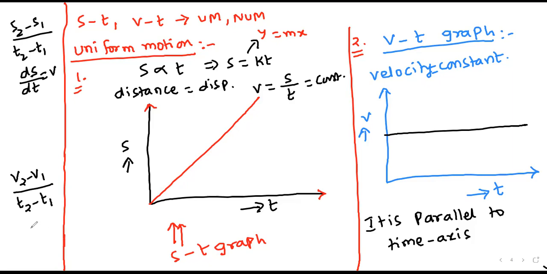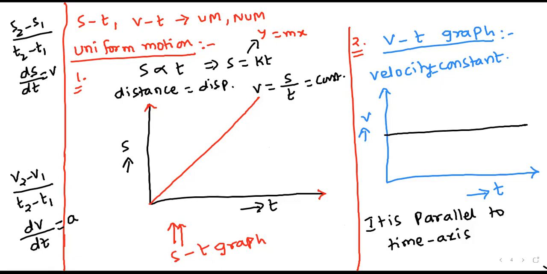V2 minus V1 I can write as dV, and T2 minus T1 as dt. dV by dt, where V means velocity, is nothing but acceleration, the change in velocity over the change in time.